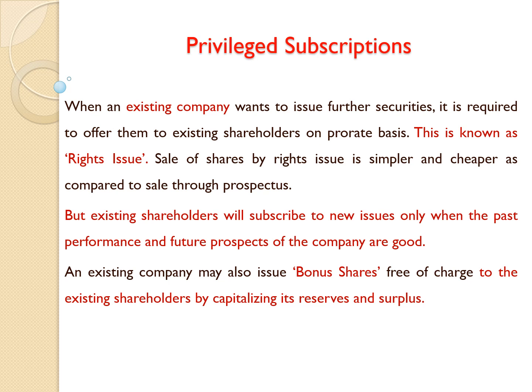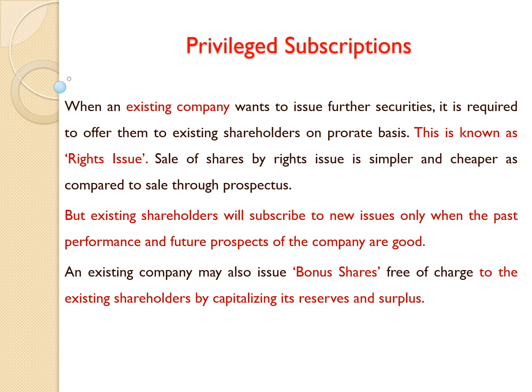Sale of shares by rights issue is simple and cheaper as compared to sale through prospectus. But existing shareholders will subscribe to a new issue only when the past performance and future prospects of the company are good.